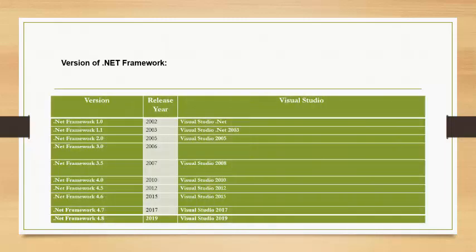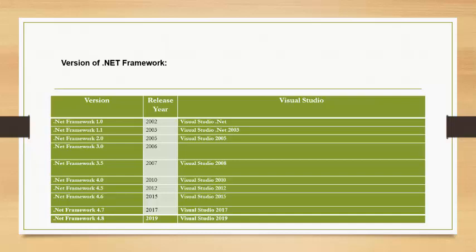Next thing is versions of the .NET Framework. We can see the first column is the version, the second one is the release year, and the third one is the Visual Studio. Every Visual Studio will contain the latest .NET versions.